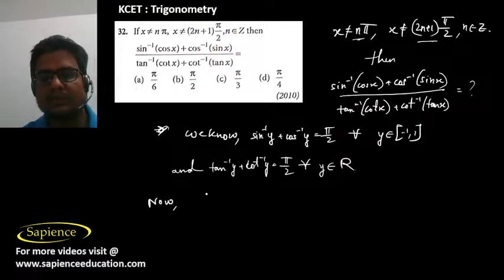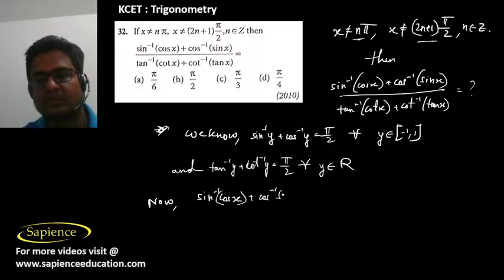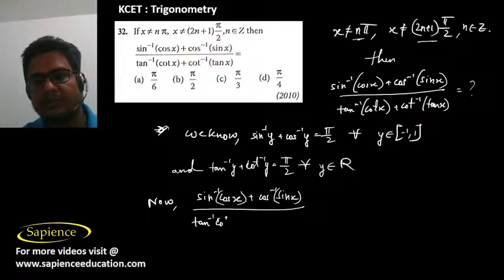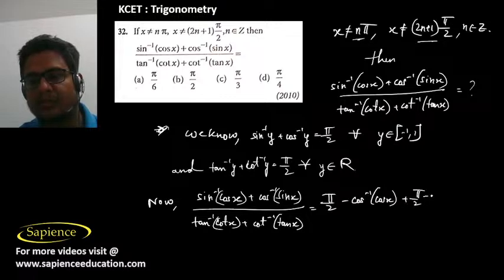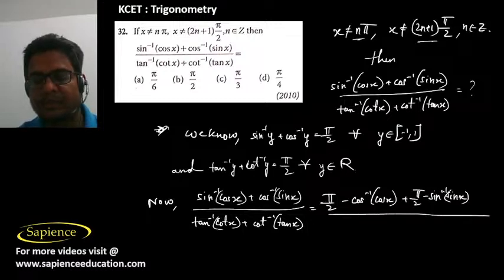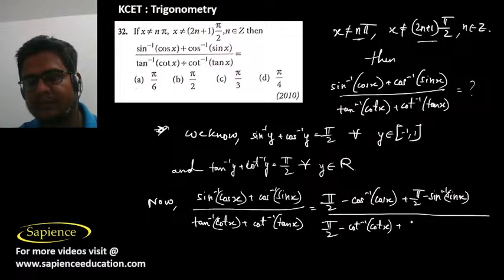Now therefore this sine inverse of cos x plus cos inverse of sin x, divided by tan inverse of cot x plus cot inverse of tan x, can be written as pi by 2 minus cos inverse of cos x, plus pi by 2 minus sin inverse of sin x, divided by pi by 2 minus cot inverse of cot x, plus pi by 2 minus tan inverse of tan x.